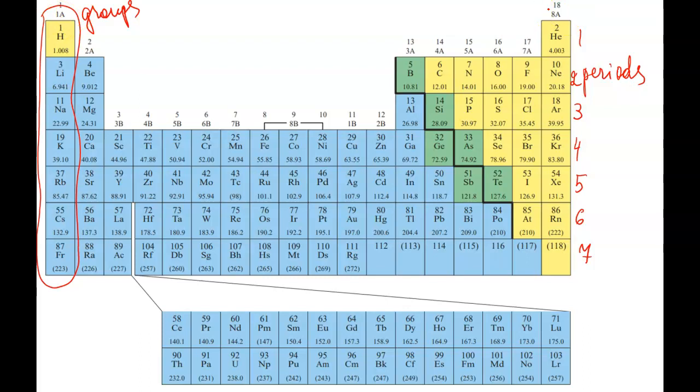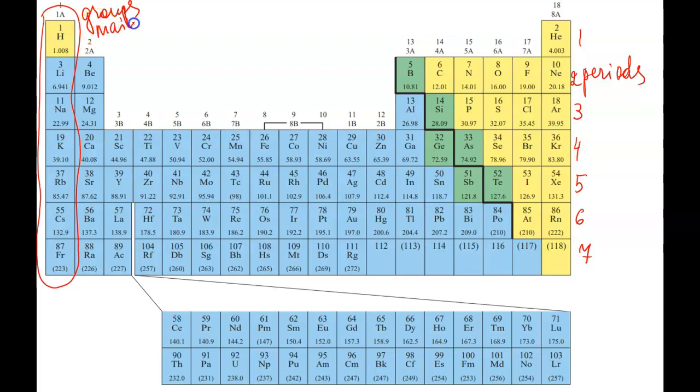Sometimes we will use symbols like 1A or 3A or 3B. What does that mean? That means that if a group has a number with the letter A, these are main groups.